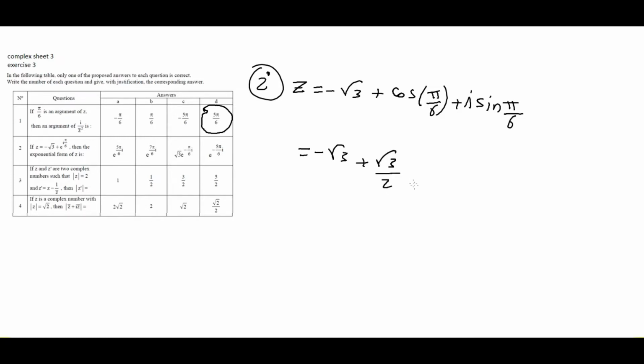If z equals minus radical 3 plus e^(i pi over 6), so we write z equals minus radical 3 plus e^(i pi over 6), so it's cosine of pi over 6 plus i sine pi over 6. So it's minus radical 3 plus radical 3 over 2 plus half i.